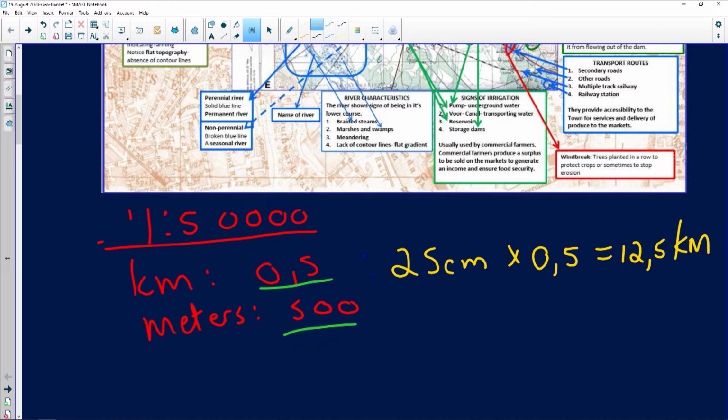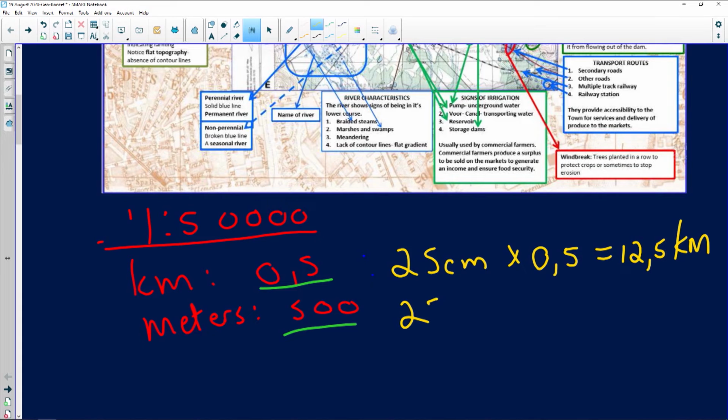If the examiner has stated that you need to present your answer in meters, same story. You're just going to use a different formula. What's that formula going to be? 500. So it's 25 centimeters times 500.